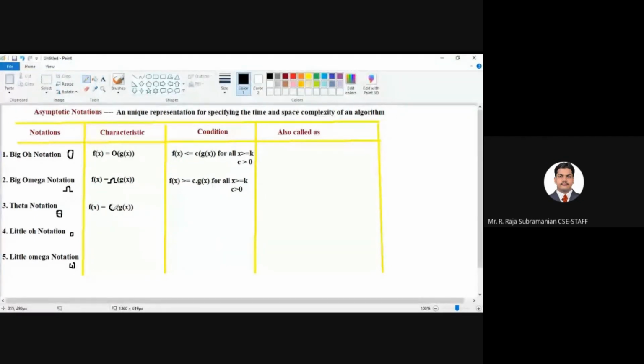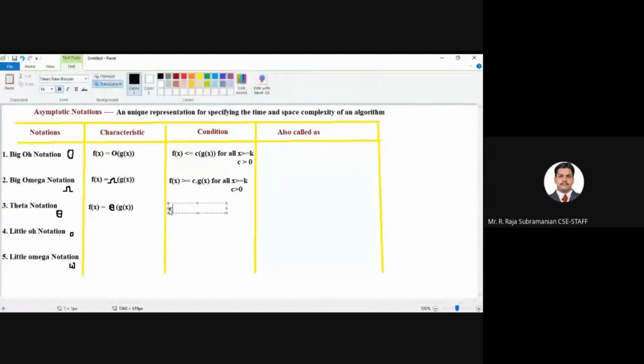Condition: c2 into g of x is less than or equal to f of x, less than or equal to c1 into g of x, for all x greater than or equal to k, where k is equal to max of k1, k2. Out of this, what is the max?